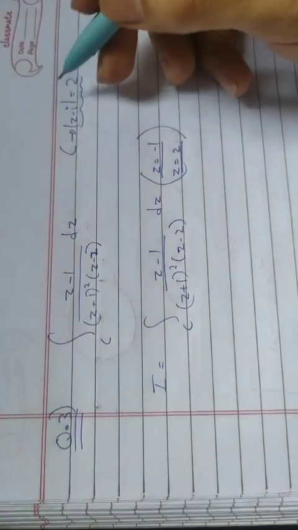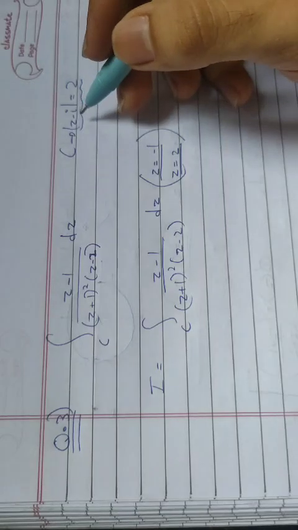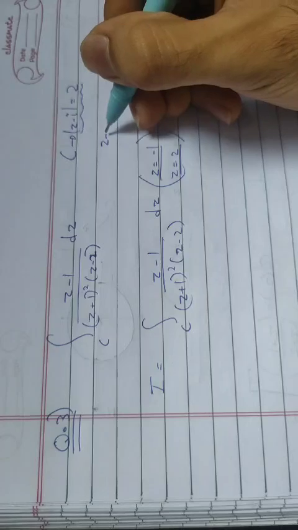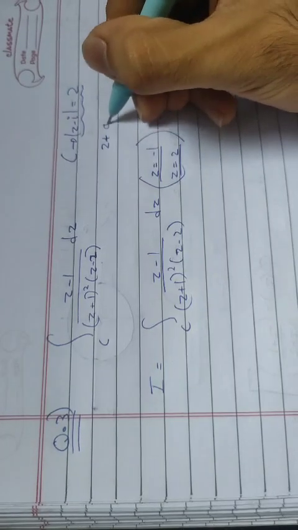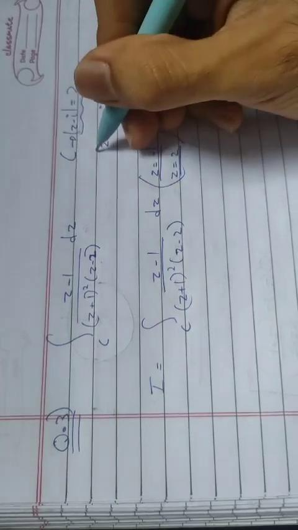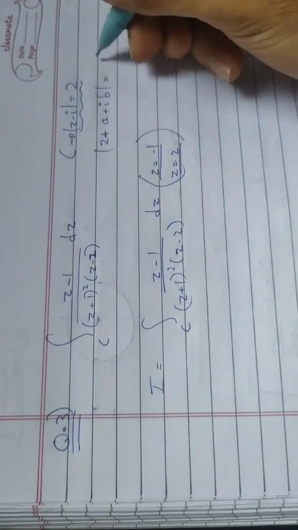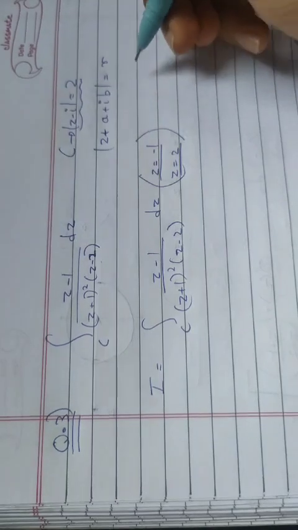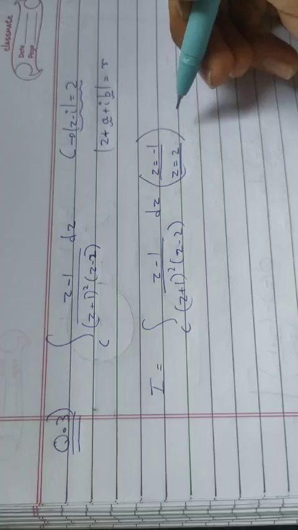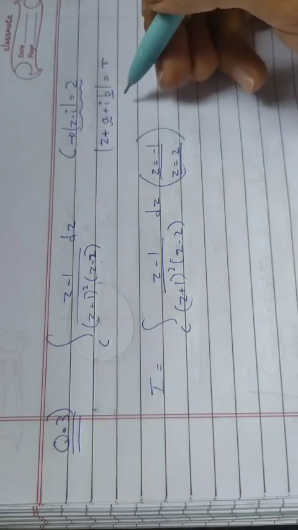Now if you draw the diagram for this circle, its center would be, basically if you have an equation like z plus a plus ib equal to something, then that is the radius. So this is the x coordinate and this is the y coordinate, but reversed.